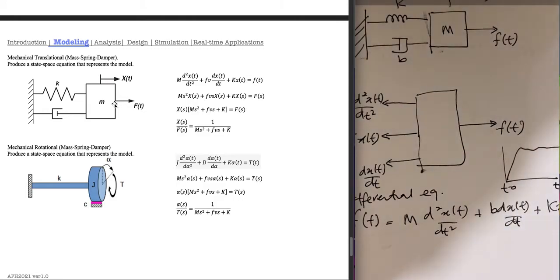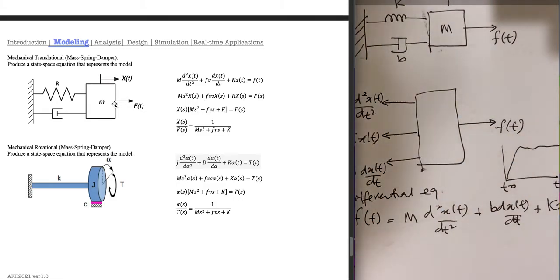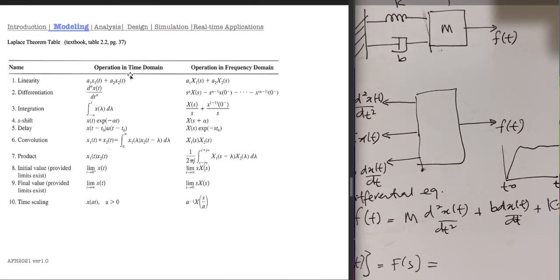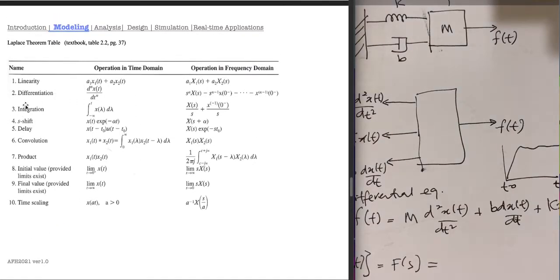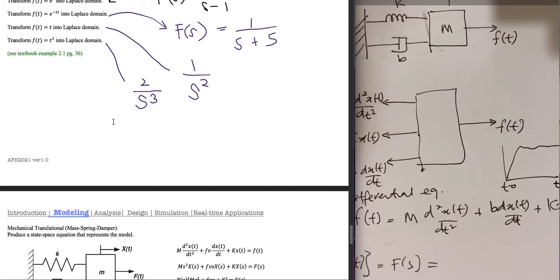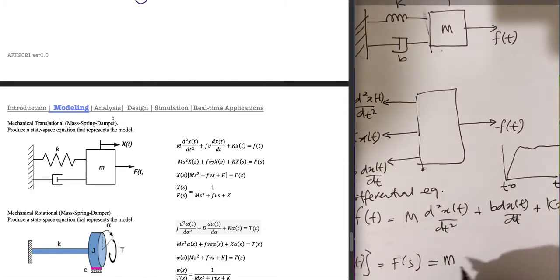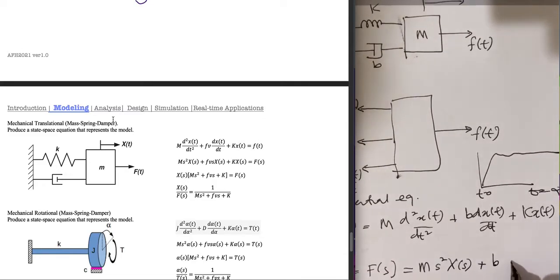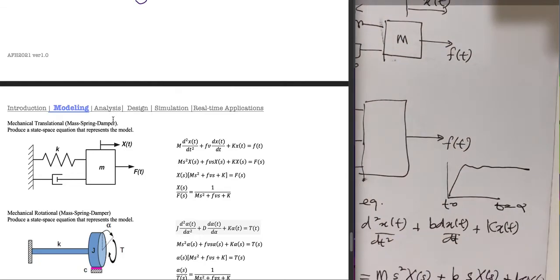So now using the previous theorems that we have, we can take the Laplace transform. Laplace of f(t) equals F(s), because this is the differentiation theorem from the table above. From here we use the differentiation theorem, which gives m s squared X(s), the same for the damper, b s X(s), plus, by the linearity theorem, k X(s). Maybe I'm writing too big, sorry.